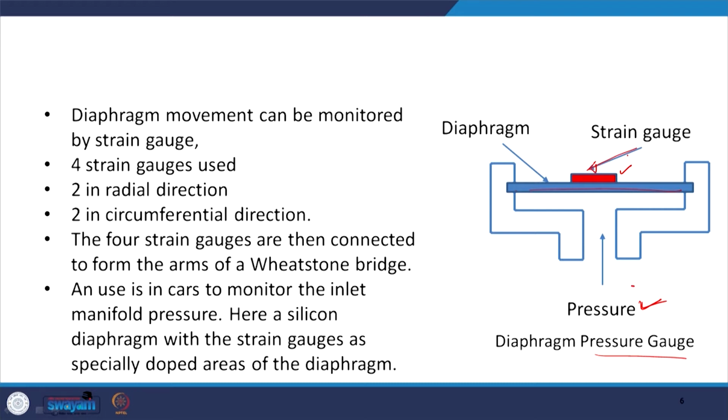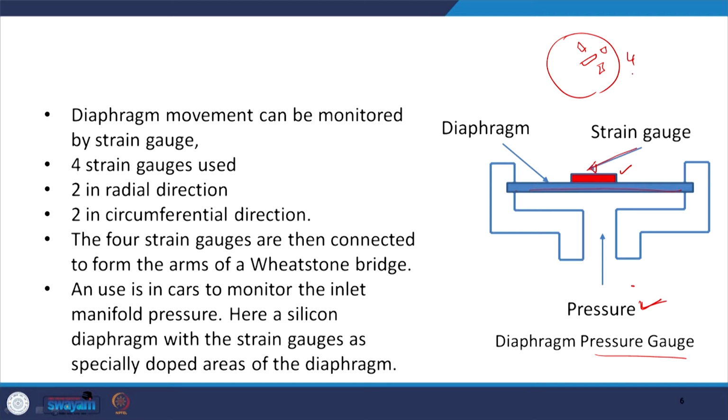Here two strain gauges can be used in the radial direction, for example this direction, and two strain gauges can be used in the circumferential direction. So, a total of 4 strain gauges can be used over here.